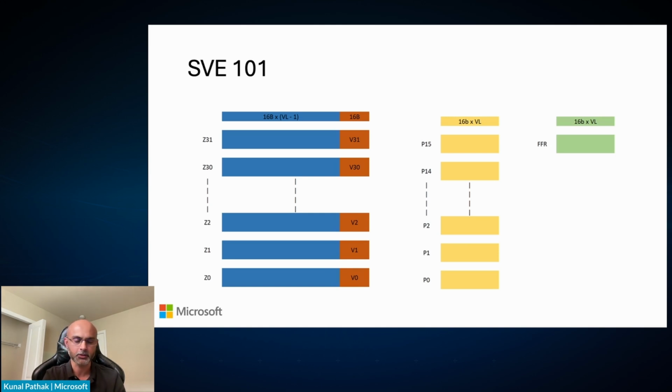So you write the software once, and whenever you deploy it on multiple different vendors' hardware, it will take advantage of whatever the vector length is, and you can see the performance boost without even having to change your code.